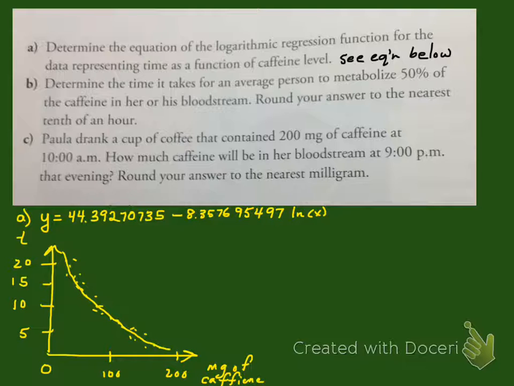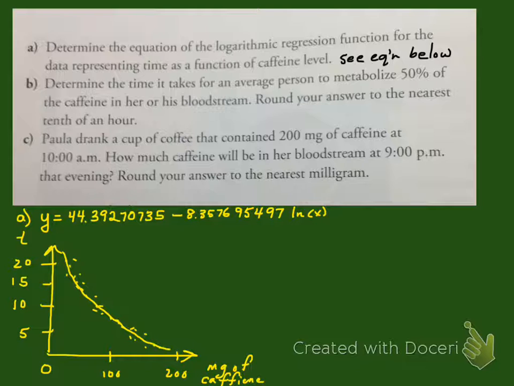Part B, determine the time it takes for the average person to metabolize 50% of the caffeine in his or her bloodstream, and round your answer to the nearest tenth of an hour. Well, if everybody started with 200 milligrams, 50% is going to be 100 milligrams.